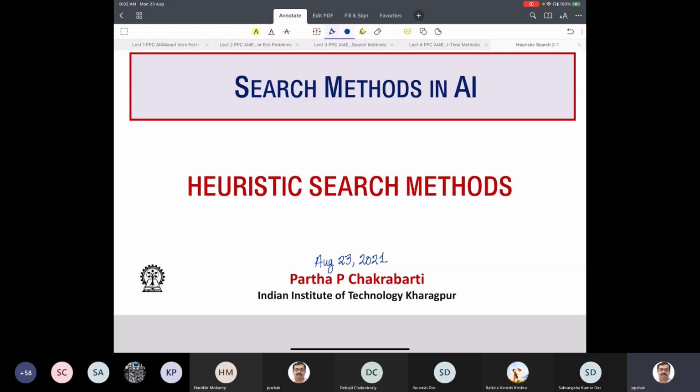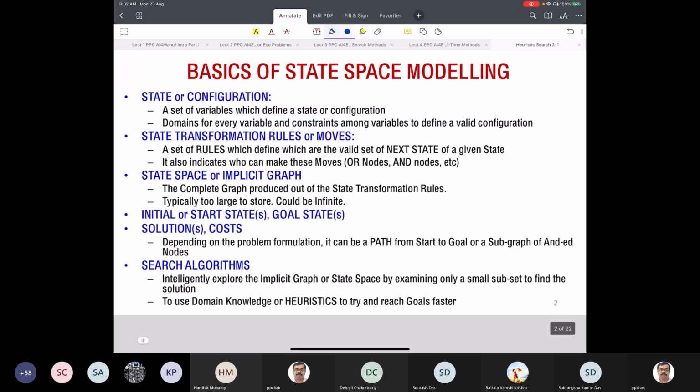Okay. So, we start our lecture on heuristic search methods today. We have already done the state space methods. In the state space method, we studied the concept of a state or configuration, a set of variables, and domains of every variable that define valid configurations, and a set of state transformation rules or moves from which we get an implicit state space graph.